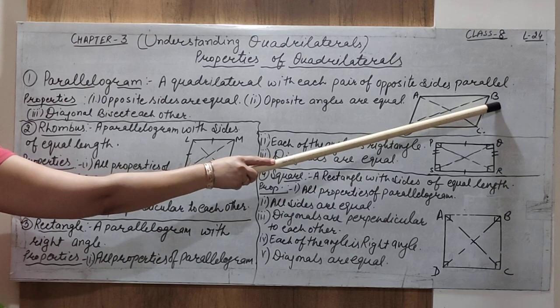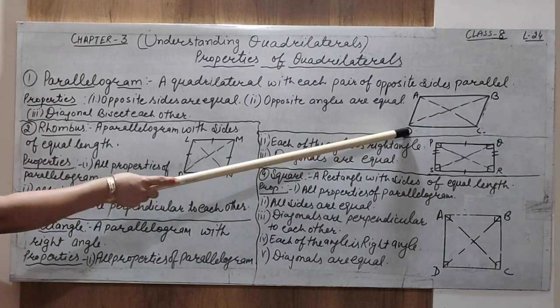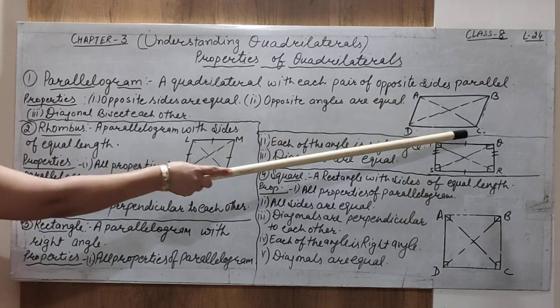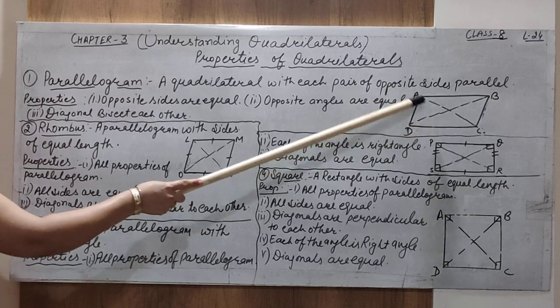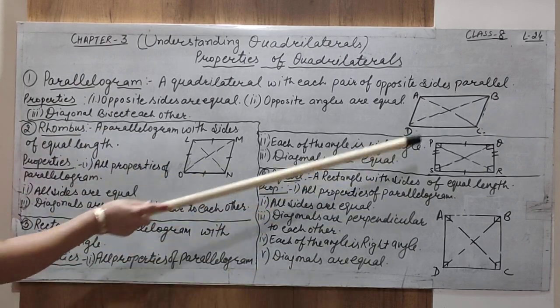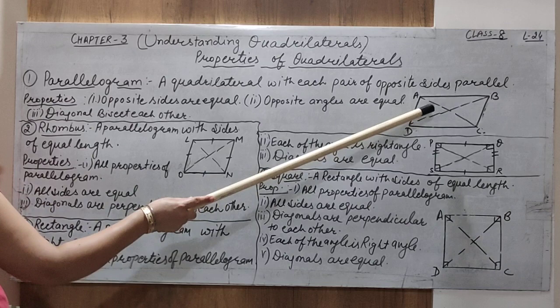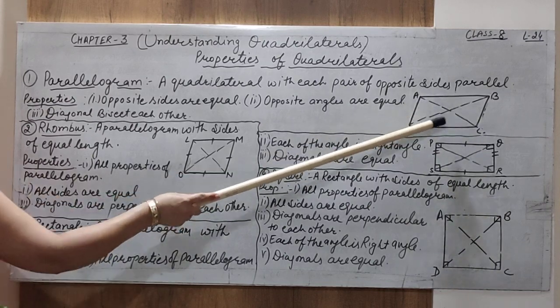The second diagonal is AC, the line made by joining A and C. These two diagonals bisect each other, which means when they cut each other, their lengths are equally distributed.